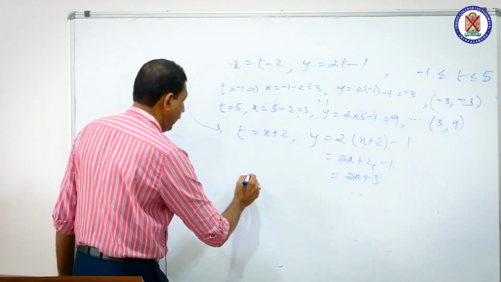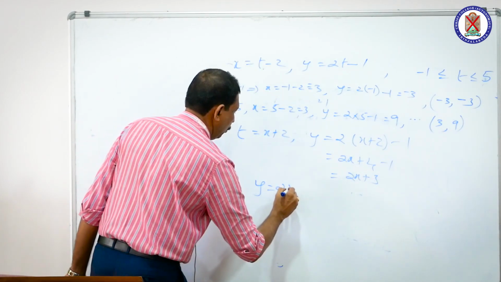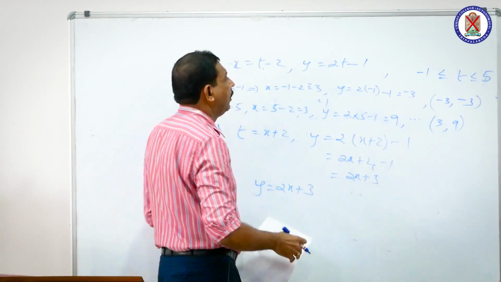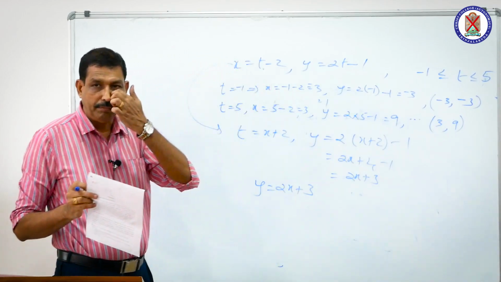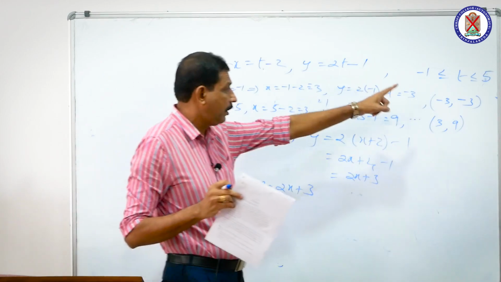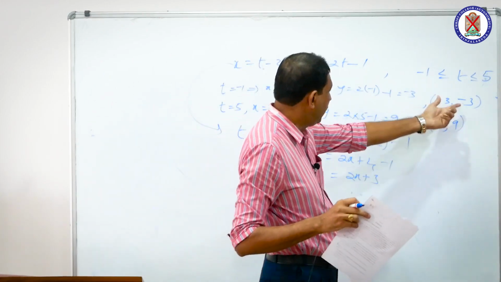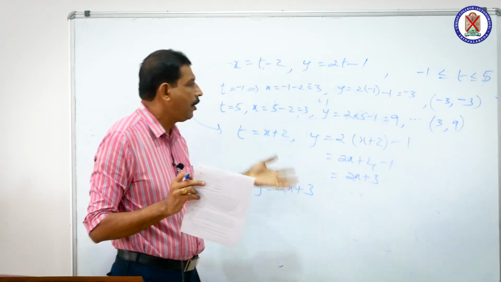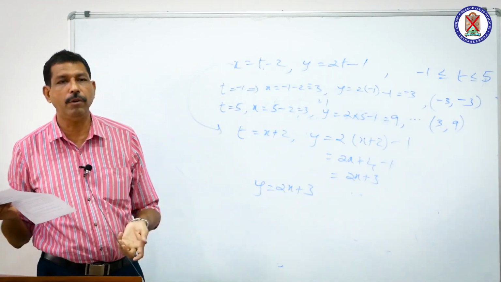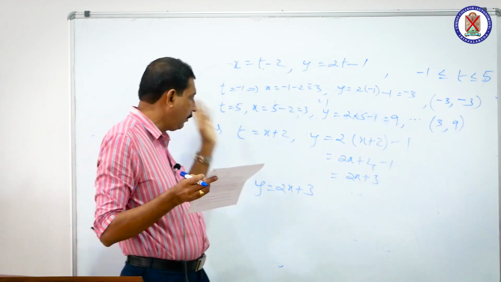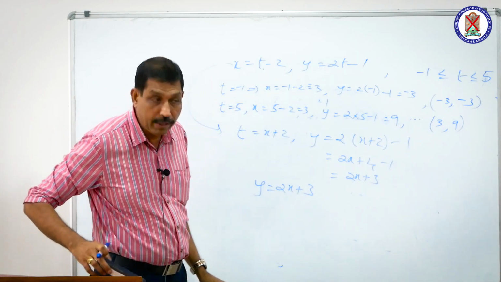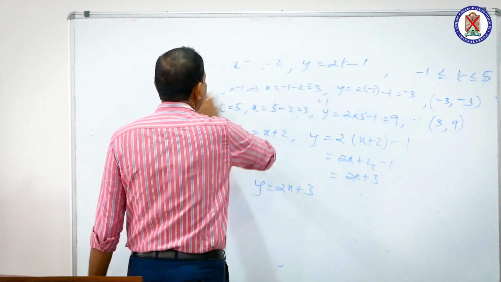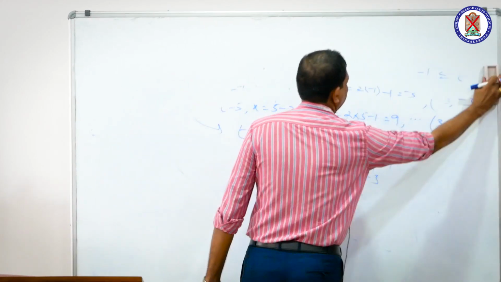Therefore, the corresponding Cartesian equation is y equal to 2x plus 3. We can draw this one by using different values for t. We have initial and terminal points. Between that, we can have values at t equal to 0, t equal to 1, t equal to 2, t equal to 3, and so on. It will be a straight line, very easy to calculate.